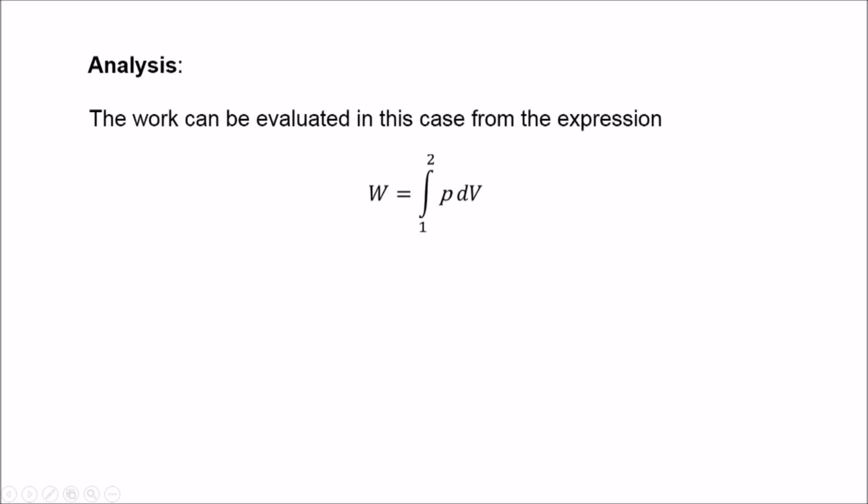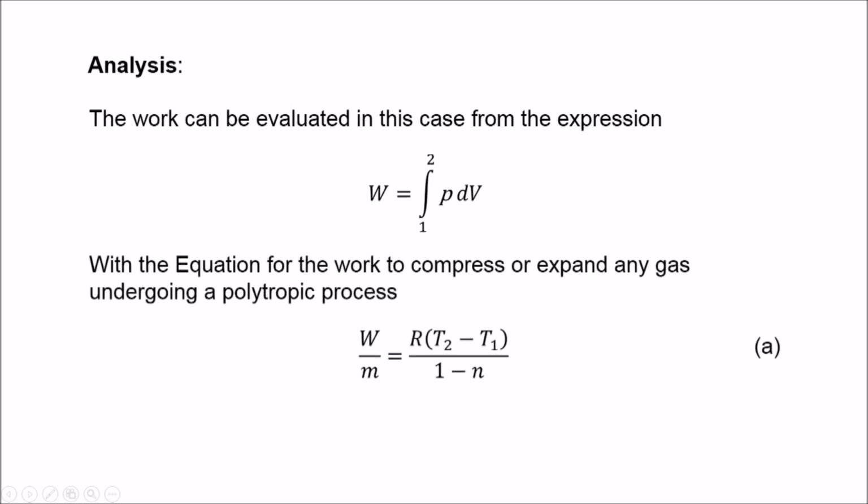Having completed all the required preliminary steps for our solution, let's develop our analysis. The work can be evaluated from the expression shown below. W is equal to the integral of P dV from 1 to 2. Using the equation that gives the work to compress or expand any gas undergoing a polytropic process, we get the following expression.